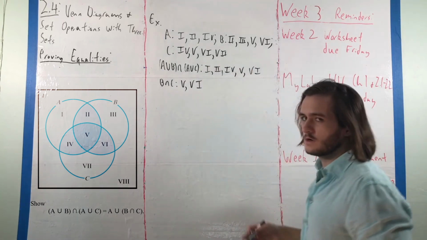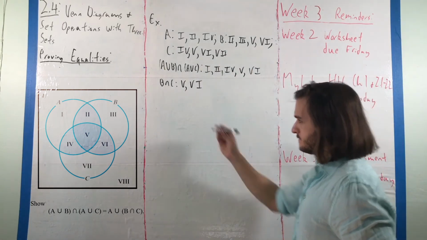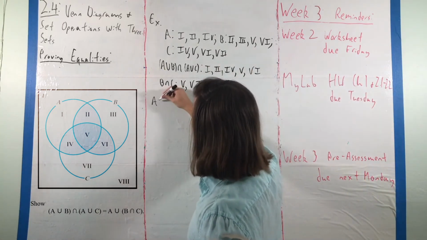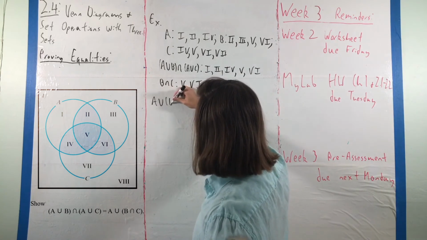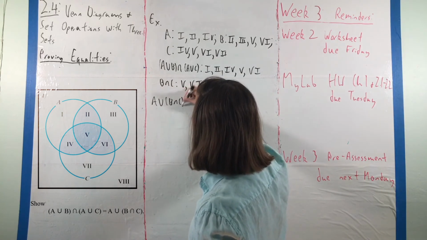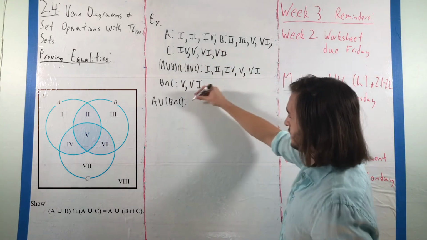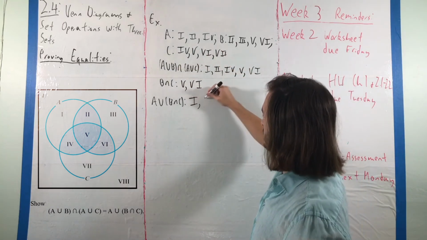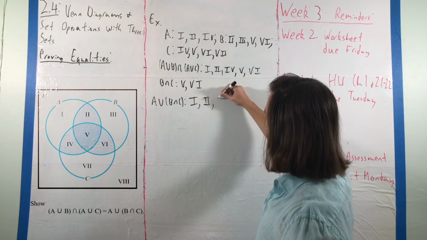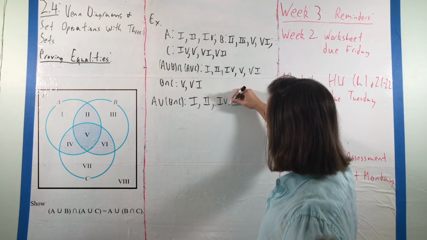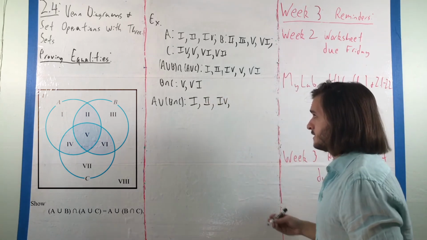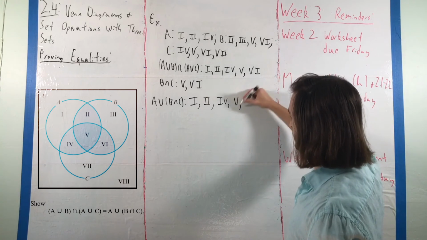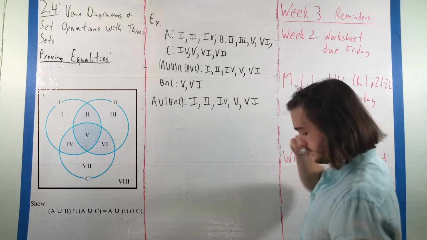These two sets don't share a whole lot, but if we take the union of A with that, we'll get everything in A back. We'll have 1, 2, 4, and we'll have these two which weren't in A: 5 and 6.